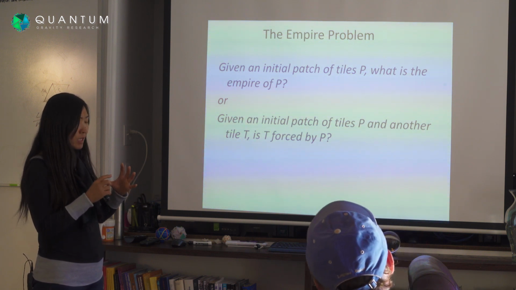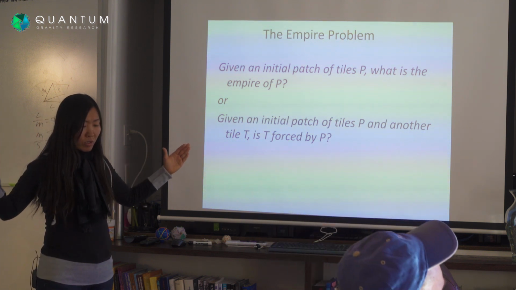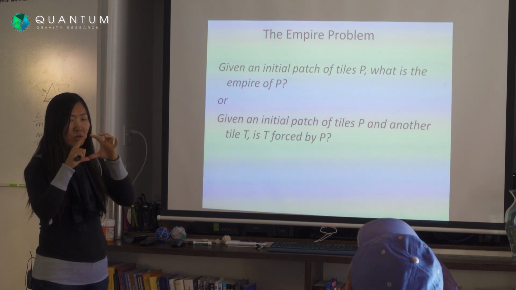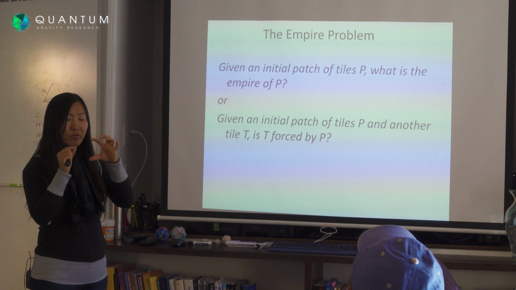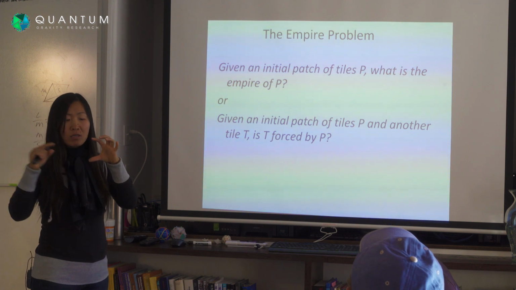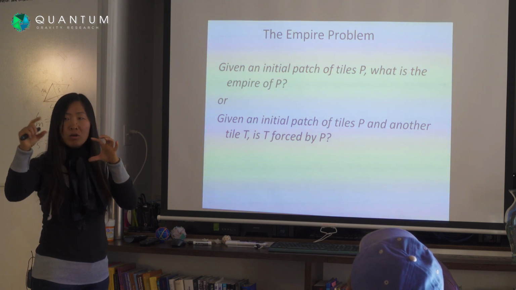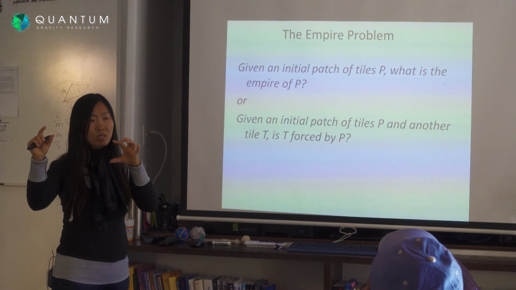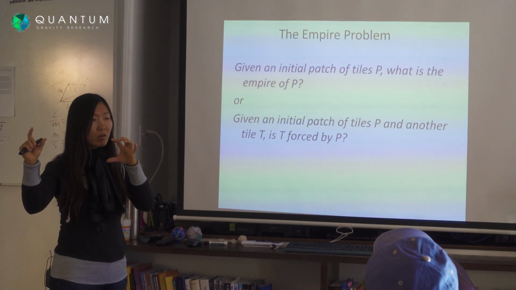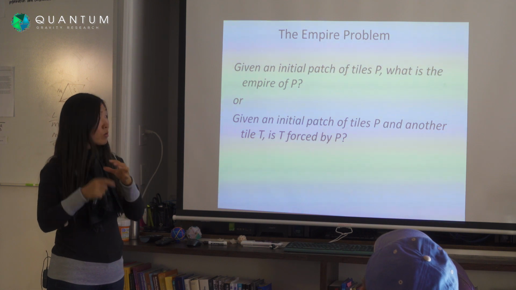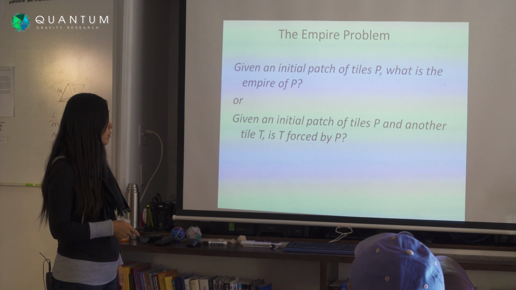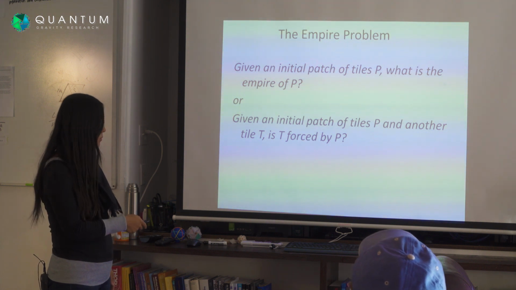In a quasicrystal, if you know this patch of the quasicrystal, can it force another tile that is somewhere else at a distance? Can it force that tile to exist? It has to be there, based on the quasicrystal rules. So this is what this subject is.